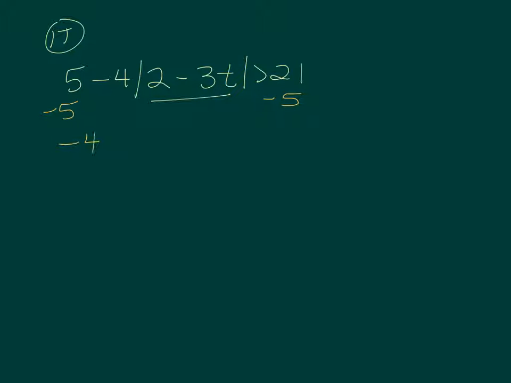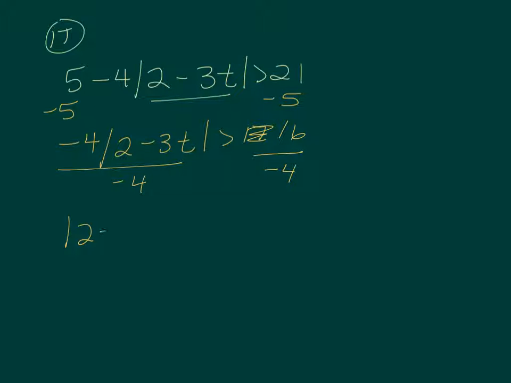So I have negative 4, absolute value of 2 minus 3t greater than 16. Divide by negative 4. Now if I'm dividing by negative 4, what's going to happen to my sign? It's going to flip already. So less than negative 4.